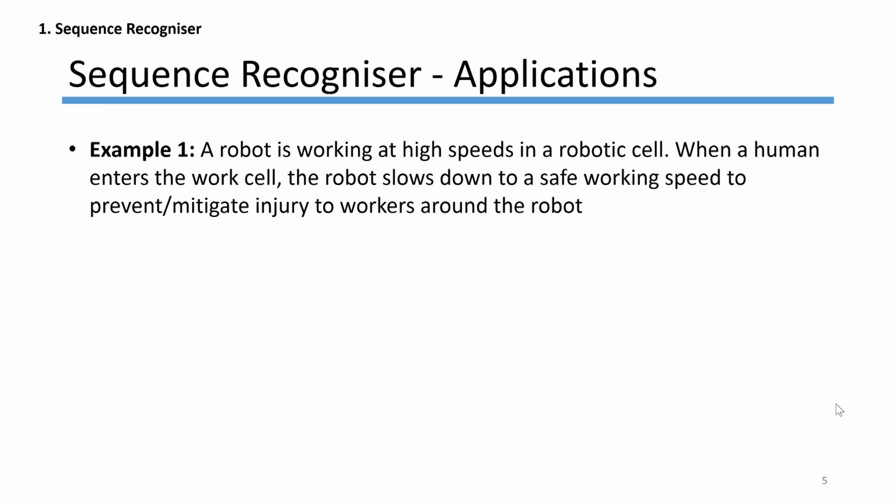And then in state B, so when a human enters the work cell, there will be some form of sensors to detect that, and that triggers the state to change to state B from state A, which is when there is a human in the work cell. The robot will then slow down to a safe working speed. And conversely, when the human leaves the robotic cell, in your state diagram, it would go back from state B to state A, indicating that there are no humans around and the robot can resume working at high speeds.